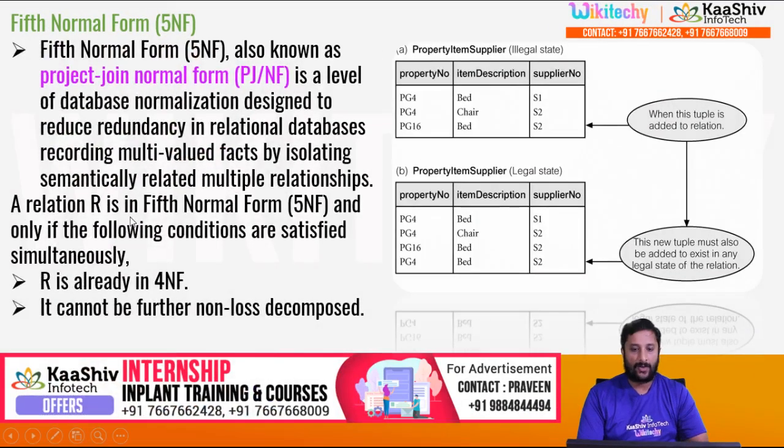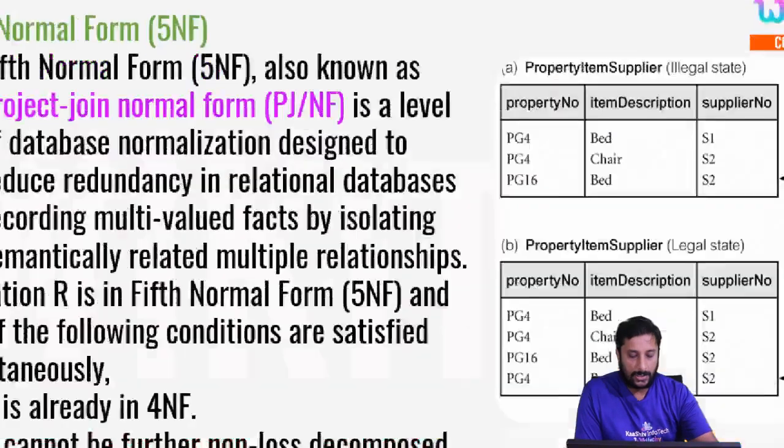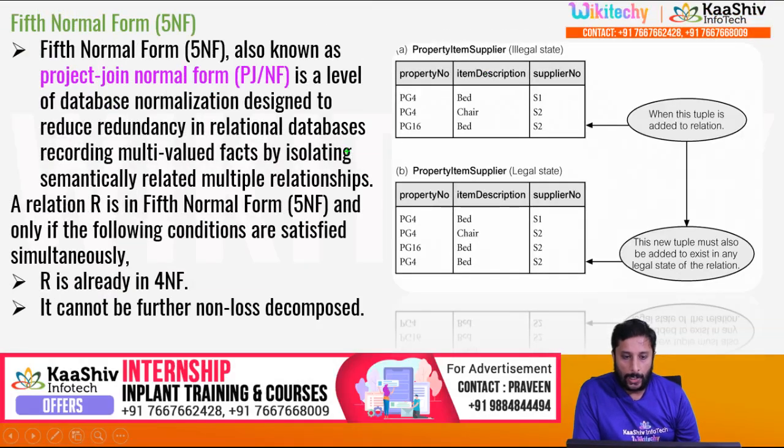And here is the final normal form. I got a data. You are able to see I got a property, and this guy got bed, item description, supplier. So S1 supplies bed, S2 supplies chair, S2 supplies bed. S2 supplies bed to PG16.